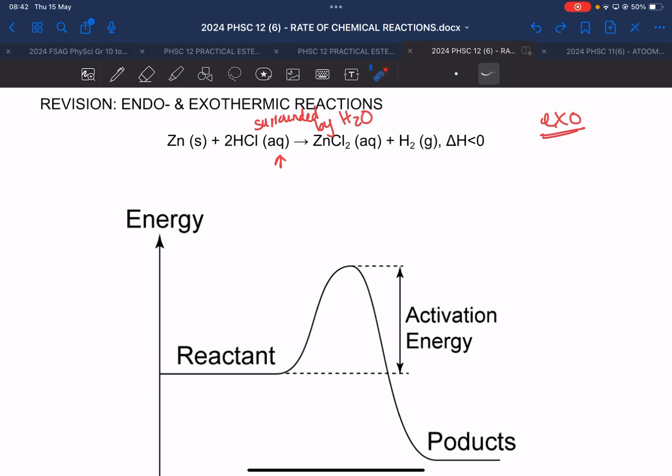So this is an example of an exothermic reaction, and the way we show it is we say the heat of the reaction is smaller than 0. So how do you calculate that heat of the reaction again? It's the energy of the reagents minus the energy of the products. No, other way around, sorry. Energy of the products minus the energy of the reagents.